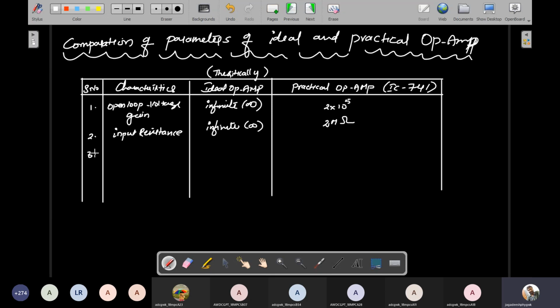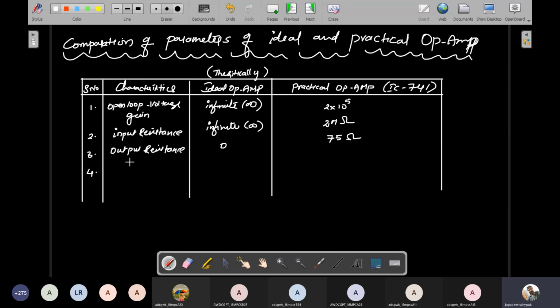And the third point is output resistance. Output resistance for an ideal op amp is almost 0, but practically it shows 75 ohms. Okay, practically it shows 75 ohms.